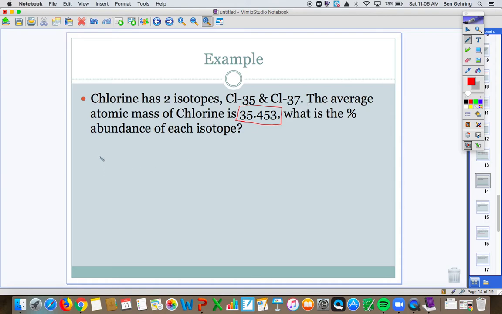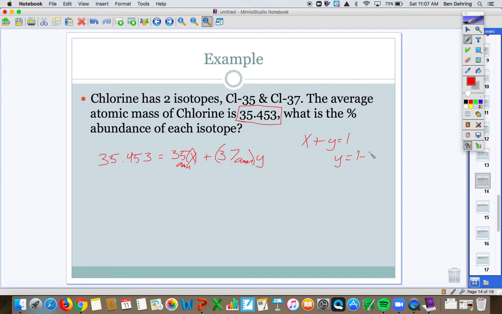So I know I have an average atomic mass, which is 35.453, is equal to my mass 1, which is 35 times X, plus mass 2, which is 37 AMU times Y. X plus Y equals 1.